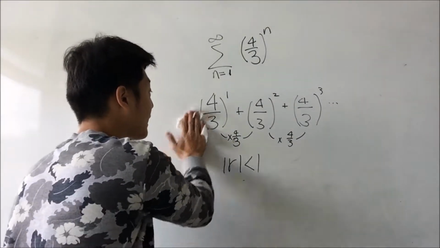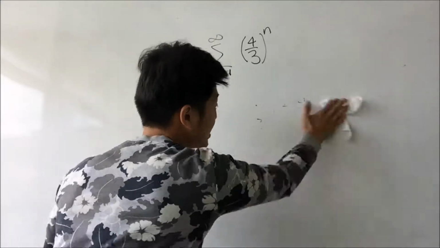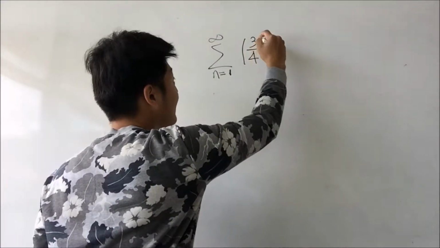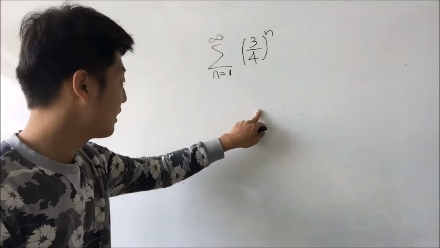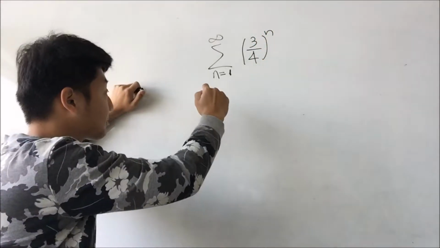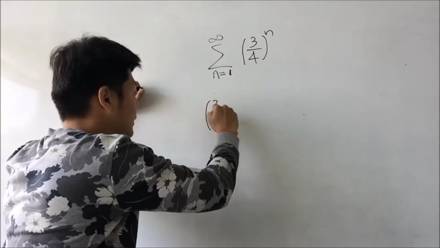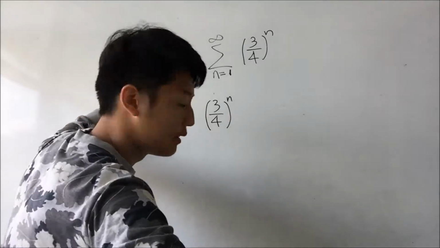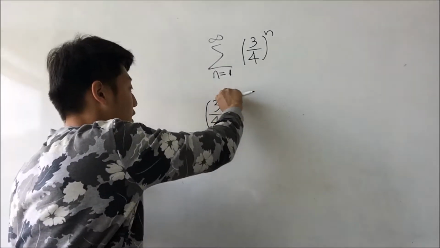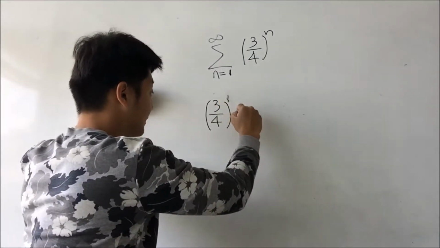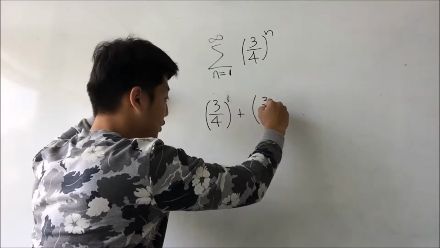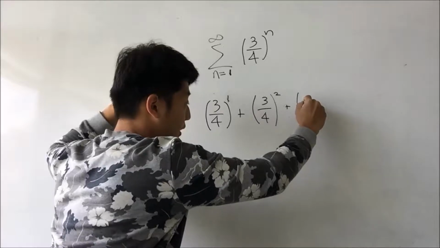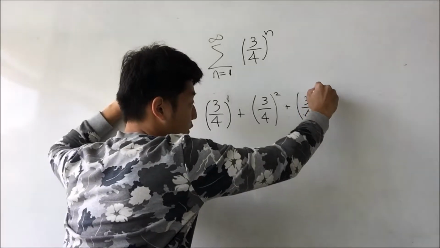So I'll give you a new example. I'm lazy, I'll just go with 3 over 4 now. So what you can do is this. Like we did, 3 over 4 to the n, which is 1, plus 3 over 4 to the 2, plus 3 over 4 to the 3, like that.